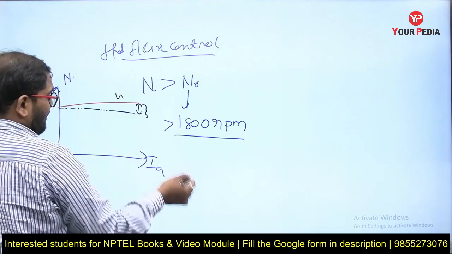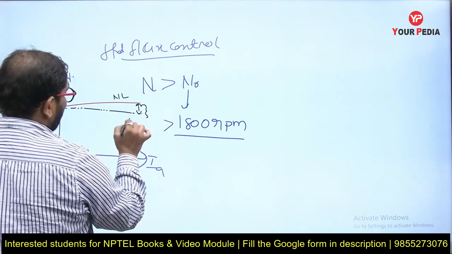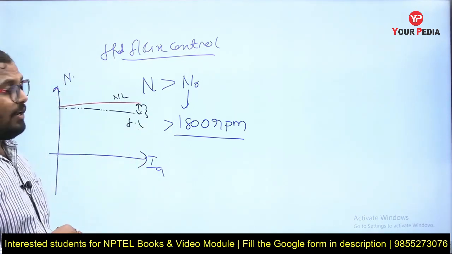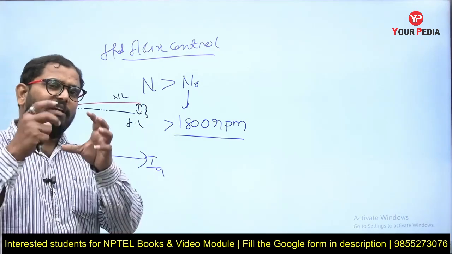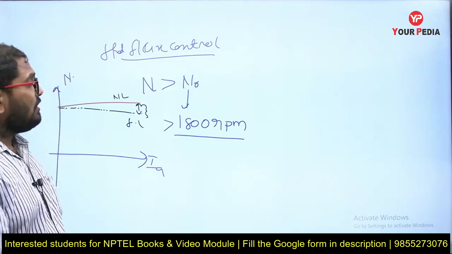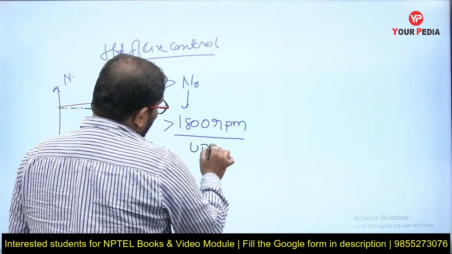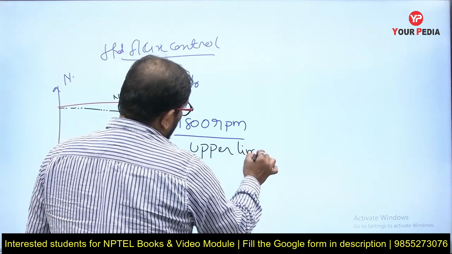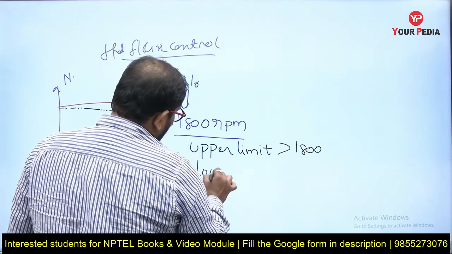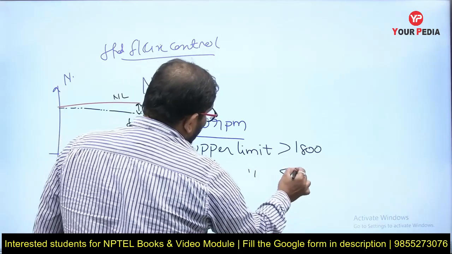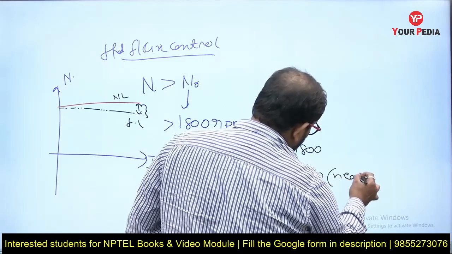This will be the rated speed or no load speed, and this is the full load speed. But even under no load condition it will not rotate exactly at the rated speed, so it will operate very near to or less than the rated speed. So the upper limit will be greater than 1800, and the lower limit will be less than 1800, but nearer to 1800.